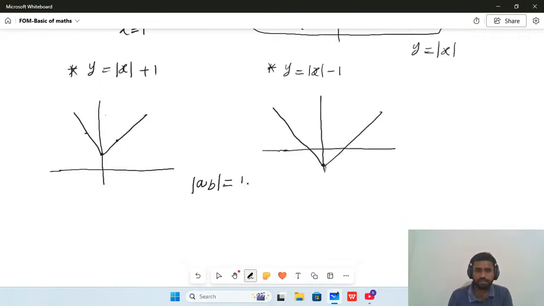Modulus of AB can be written as modulus of A into modulus of B. You can separate the modulus for A and B.